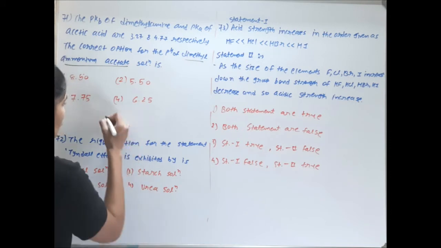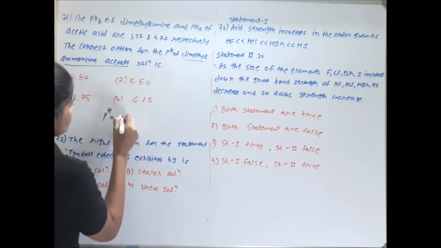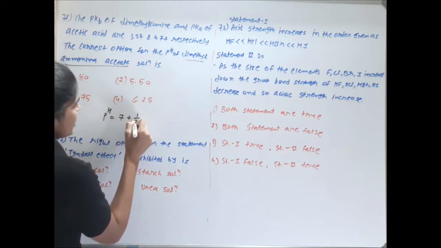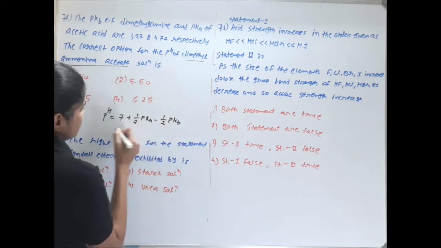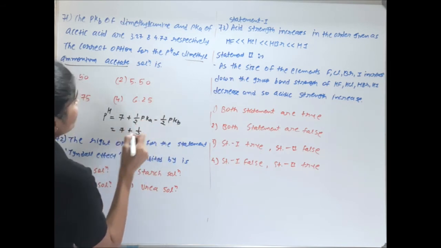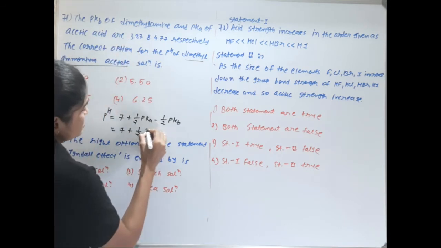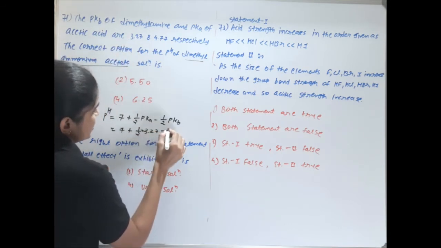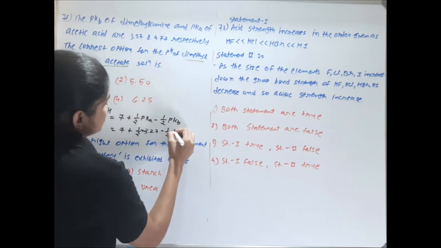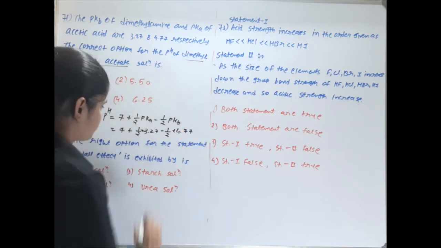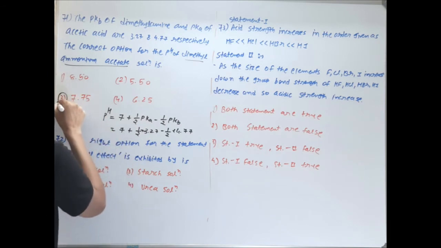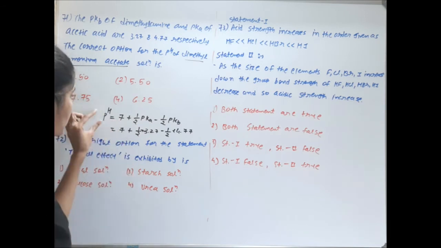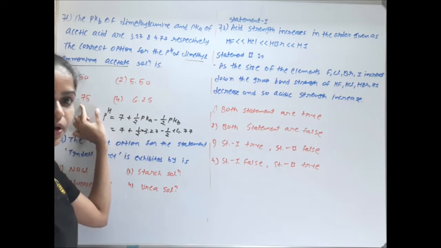Write the formula: pH is equal to 7 plus 1 by 2 pKa minus 1 by 2 pKb. This is 7 plus 1 by 2 into the pKa value 3.27 minus 1 by 2 into the pKb value 4.77. So the total value is 7.75. Only write this formula and put in the values. The given answer is 7.75.